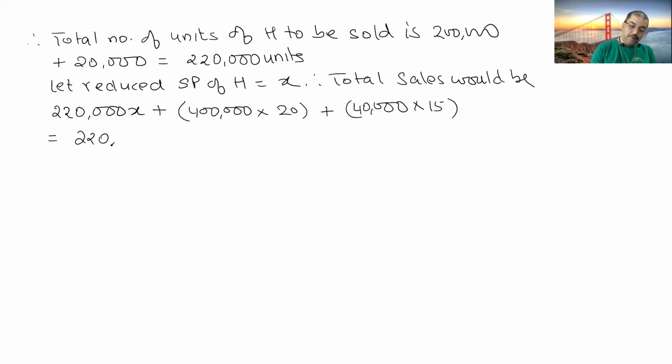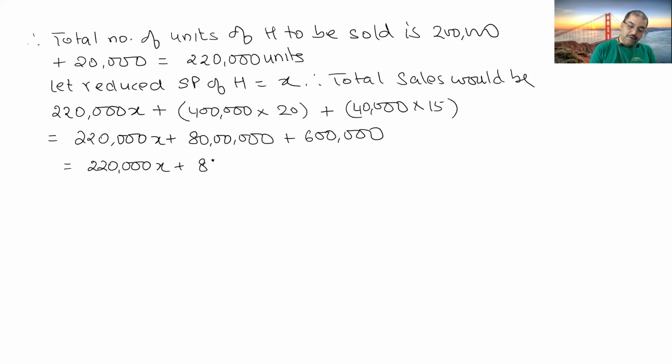So 2,20,000 X plus 80 lakhs plus 6 lakhs. That is equal to 2,20,000 X plus 86 lakhs. That is our total sales.